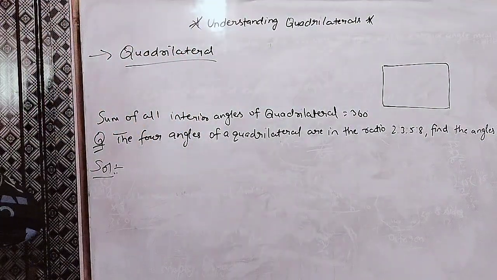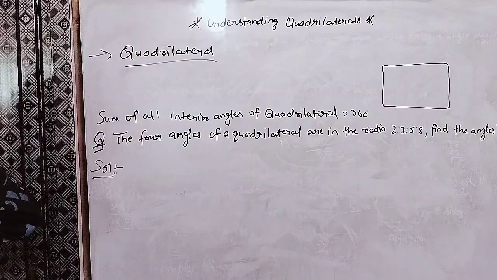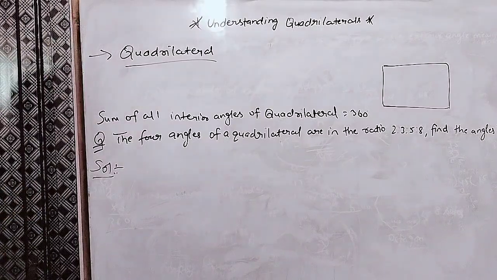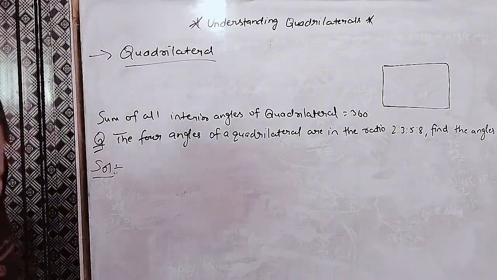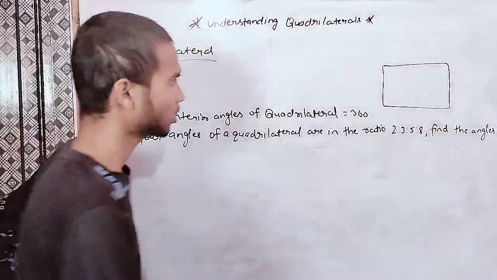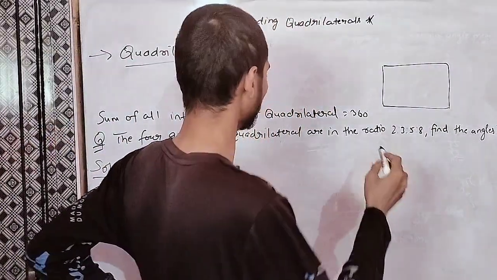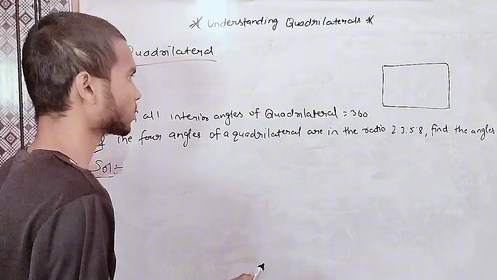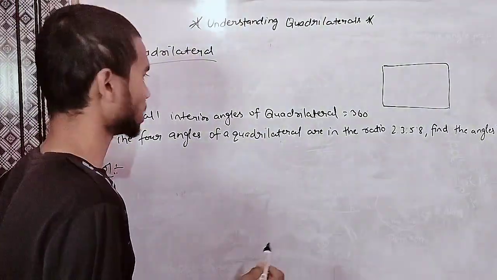Now you can see the measure of sides. We don't have a regular quadrilateral polygon. We have an irregular one. The values of angles are given in a ratio.